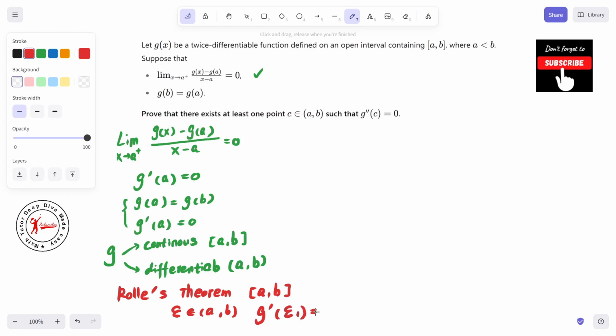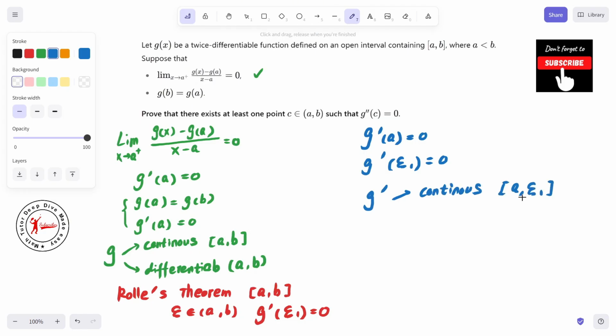Now here's the clever part. We already knew that the derivative of g at a is 0. And now we found another point, c1, where the derivative is also 0. That means we can apply Rolle's theorem again, this time to the first derivative of g. Think of g prime, or the first derivative of g, as a new function.